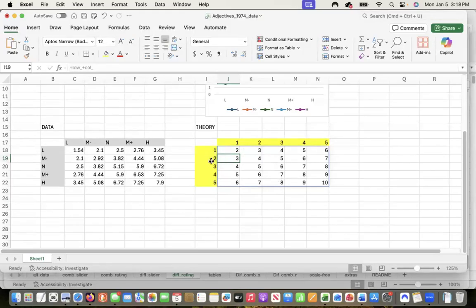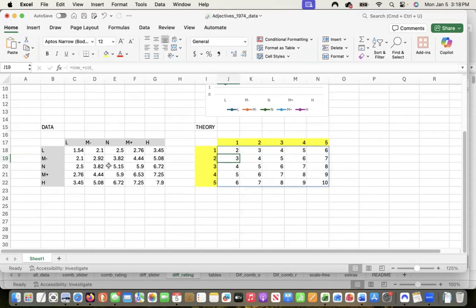We're going to then solve for these values that are in yellow. I'm going to constrain the columns also to be equal to the rows, and we're going to use the solver to maximize the Spearman correlation between the theory and the data to see if we can find a set of numbers such that the sum of these numbers reproduces the rank order of the data.